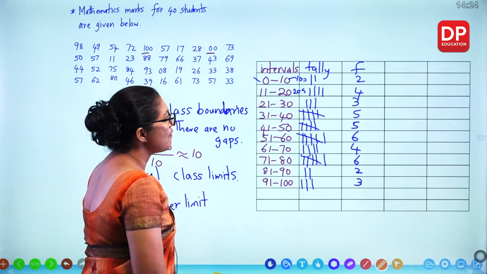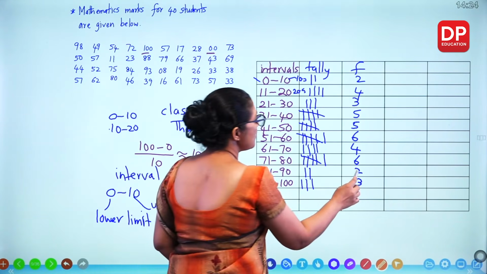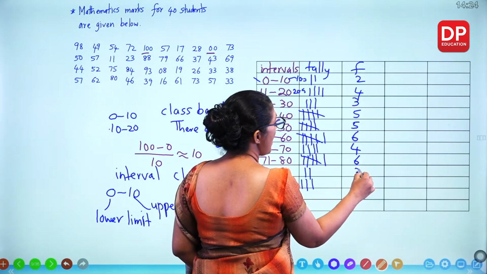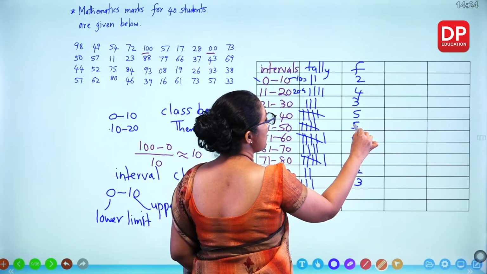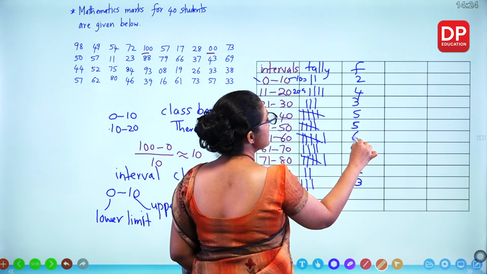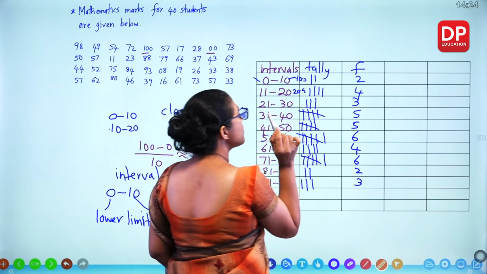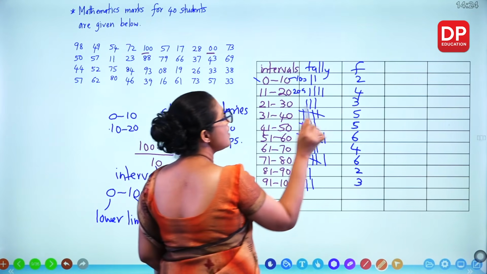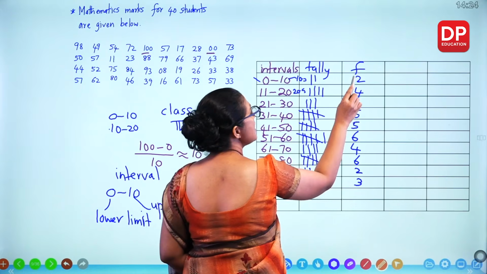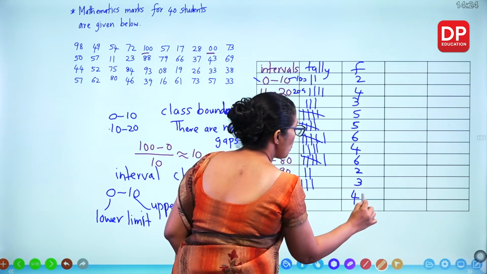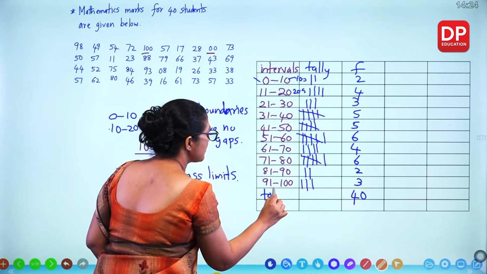We'll see whether our table is correct. 3 plus 2, 5, 15, 15 plus 5, 20, 26, 31, 31 plus 3, 34, 38, 40. So the total is correct.